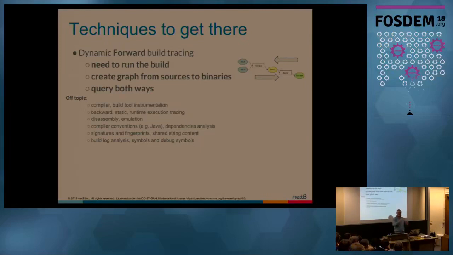That means you have to run the build, and you execute your build with some tracing magic, we'll come to it in a second, such that you eventually can create from this trace a graph of your processes, executables, and file transformations at full depth and full complexity that you can then query to understand, well, here is this source, which binary is it used in? Or here is this binary, which are the sources that were used to actually make the binary.